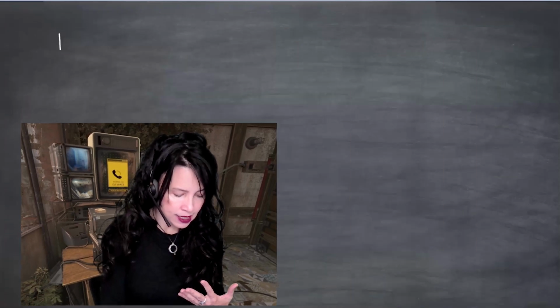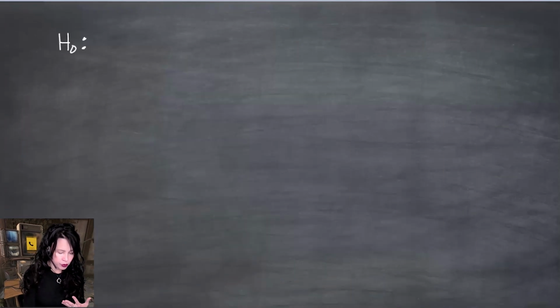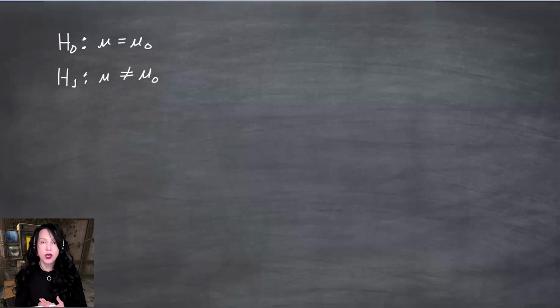So as an example, if we're testing that a mean is equal to something versus a mean is not equal to something, what would the power function of a good test look like?